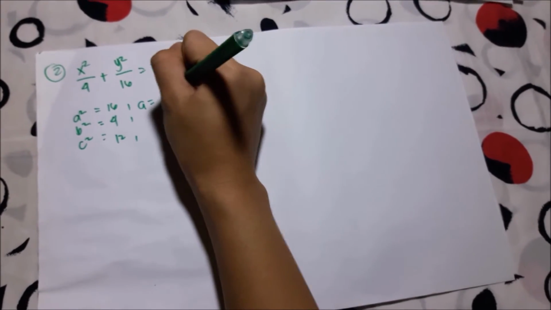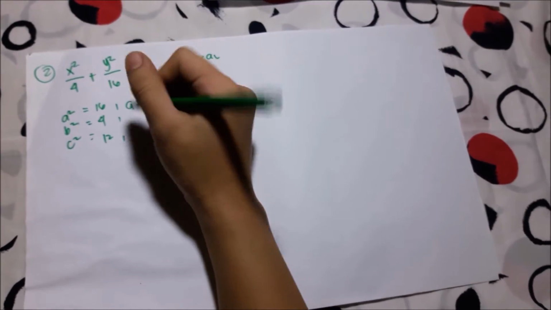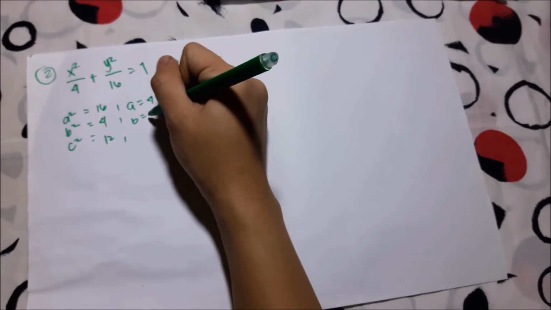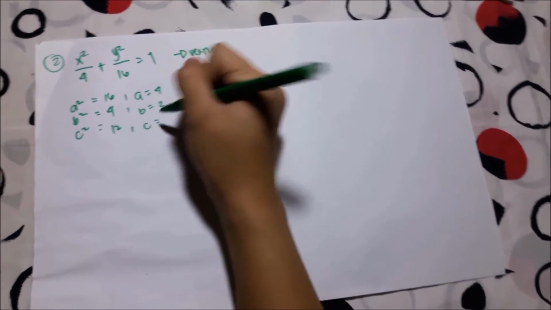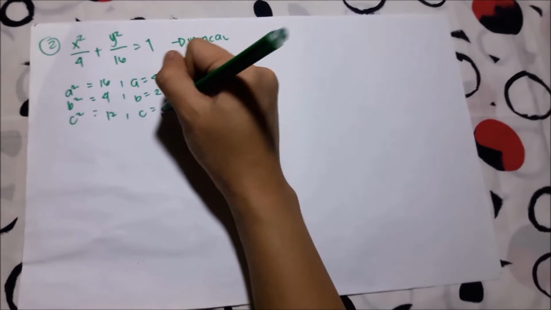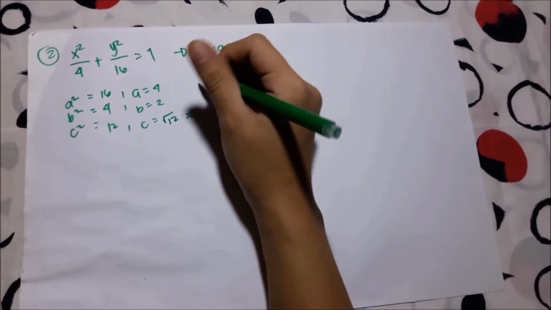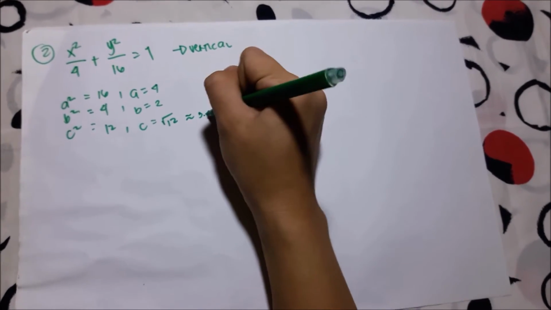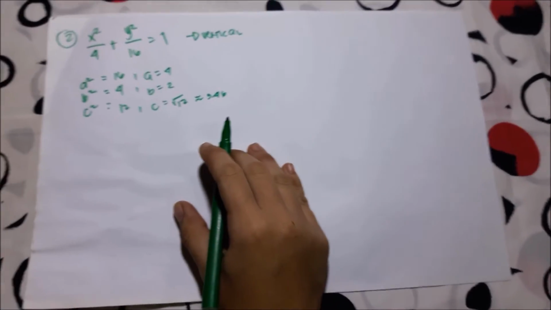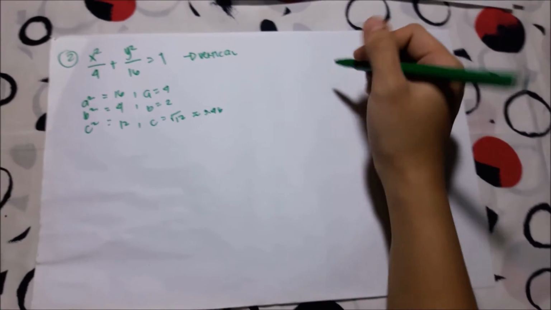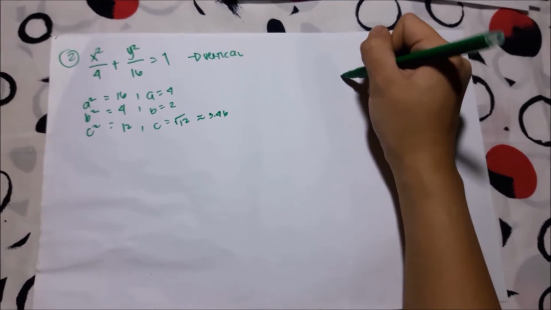So your a is equal to 4, the square root of 16 is 4. B is equal to the square root of 4, which is 2. Then 12 is not a perfect square, so the square root of 12. So the approximate value is 3.46.